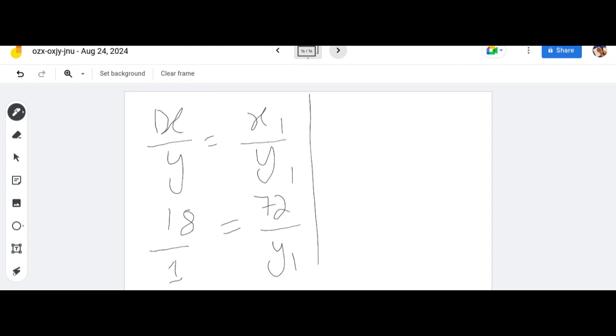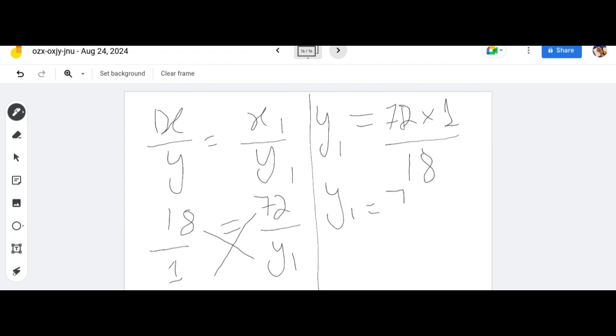Now I have to simplify this. Now I have to do the cross multiplication: 72 multiplied by 1, divided by 18.